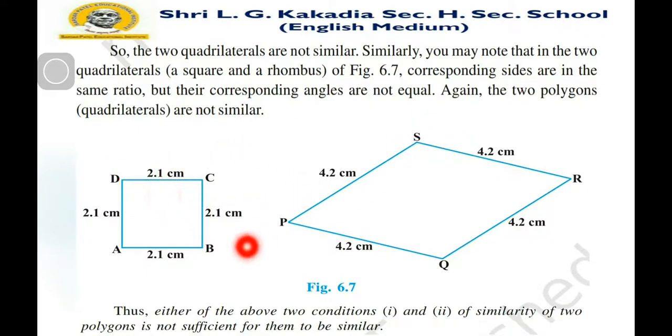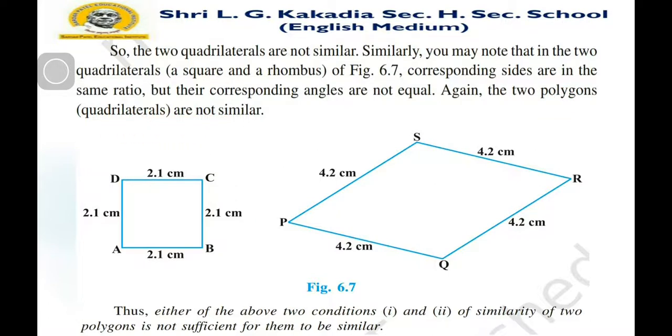So here sides are in the same ratio, but angles are not equal. Means the second condition is satisfied, but the first condition is not satisfied. Then we can say that both figures are not similar. Corresponding sides are in the same ratio, but their corresponding angles are not equal. Again, the two polygons, that is quadrilaterals, are not similar.